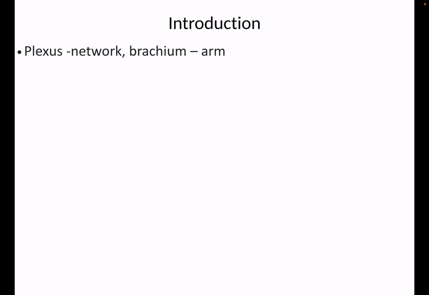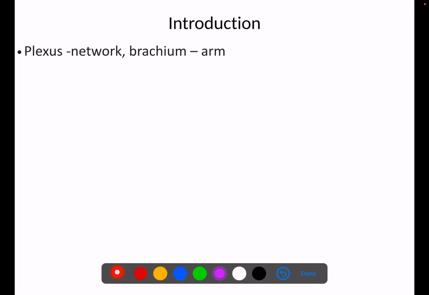Plexus is a network and brachium is the arm. Suppose these are the cervical vertebrae. This is the lateral aspect of neck, and for study purpose we divide neck into the anterior and the posterior aspect. So these are cervical vertebrae.